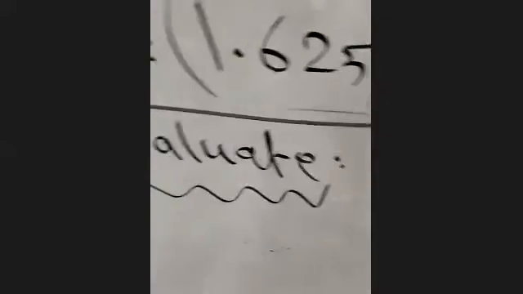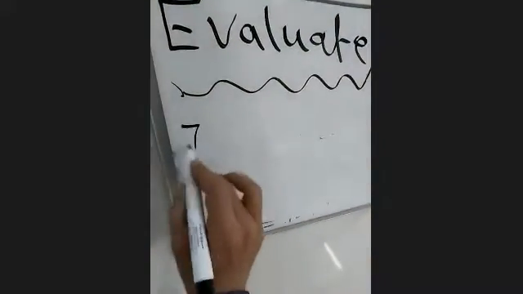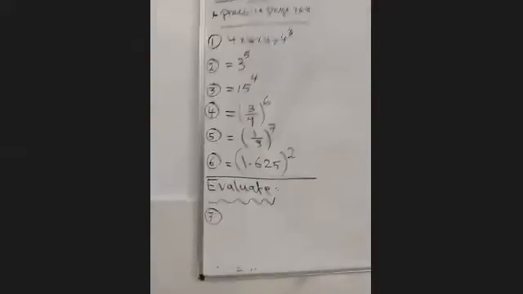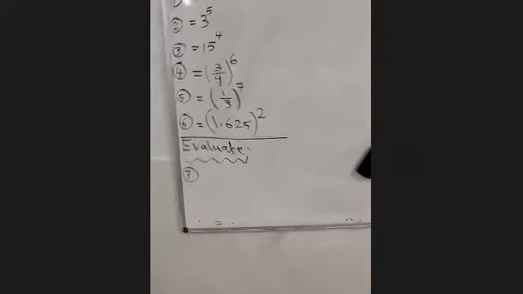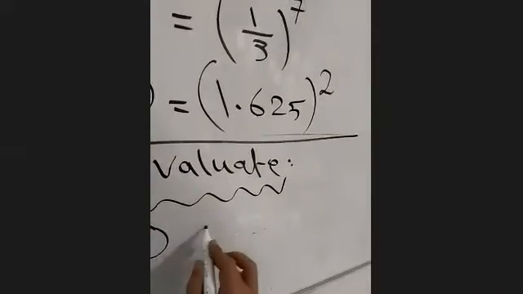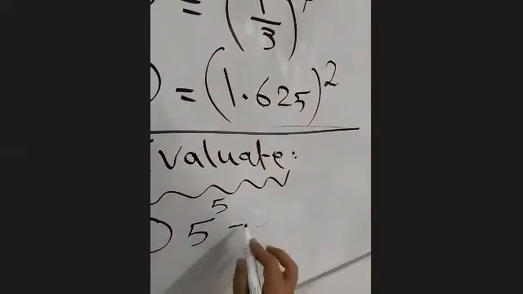So we are in question 7 now. Muhammad Kamil, question 7. Read. 5 to the power of 5. How do we find the answer of 5 to the power of 5?